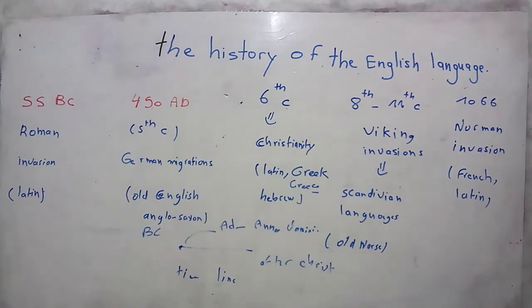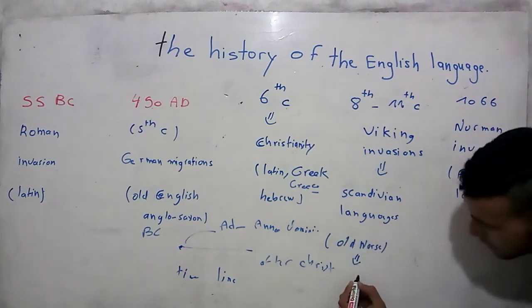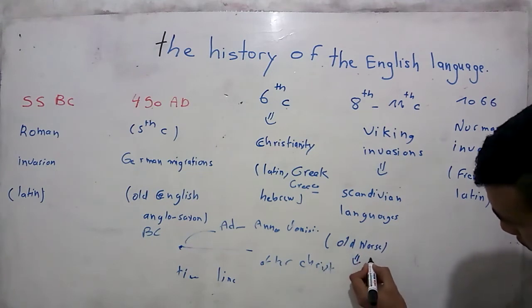Scandinavia is a district in the north of Europe, including Sweden, Finland, Denmark, and so on. Danish is the language. Here we could call the language Old Norse.